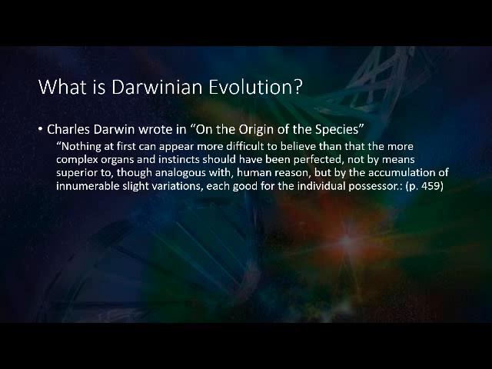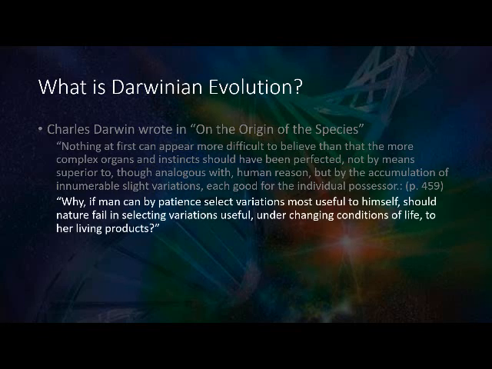And then he said, elsewhere in the book, "Why, if man can by patience select variations most useful to himself, should nature fail in selecting variations useful under changing conditions of life to her living products?"